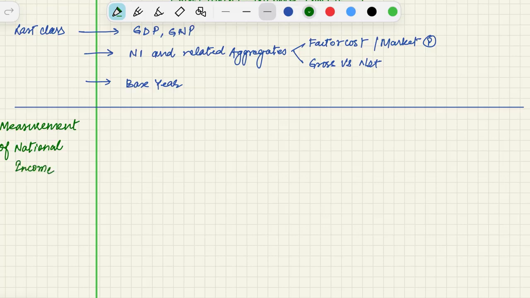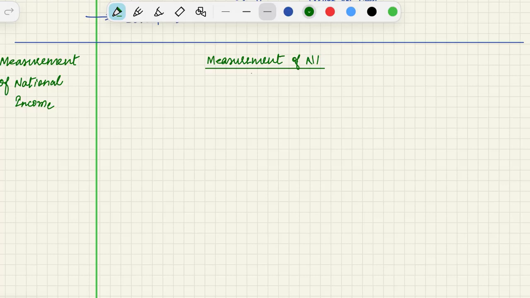So generally, if you talk about the measurement of national income, generally national income is measured in three ways.